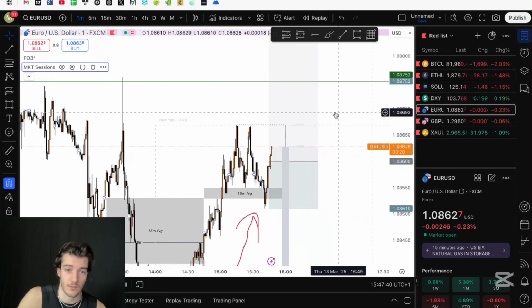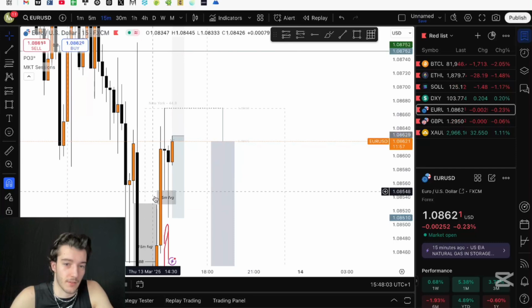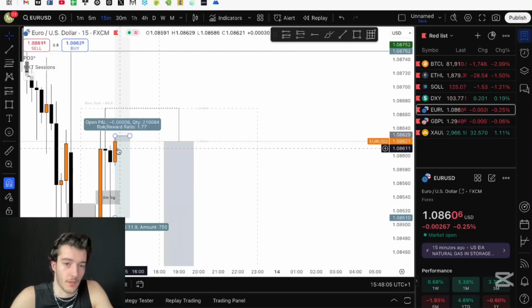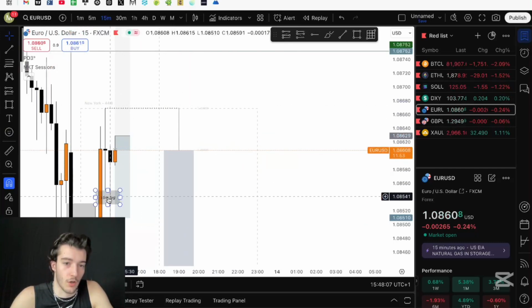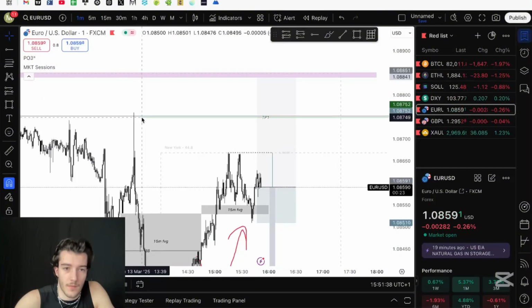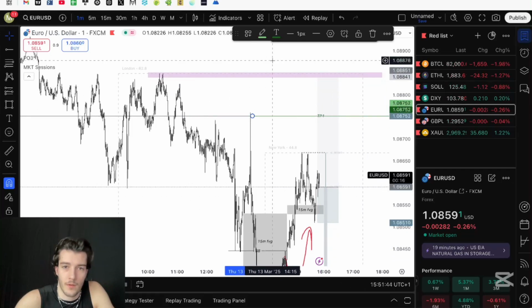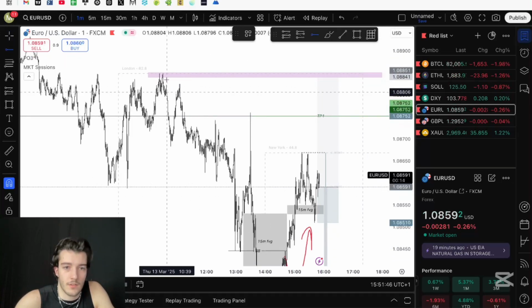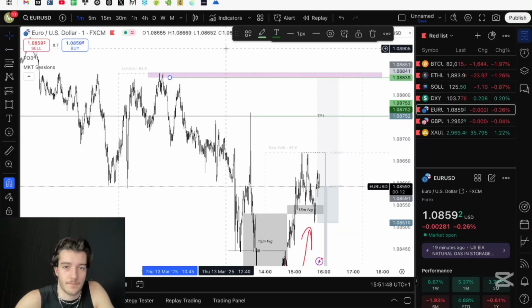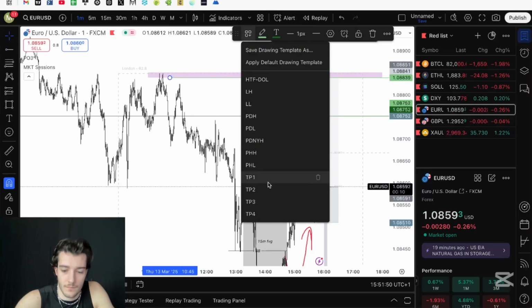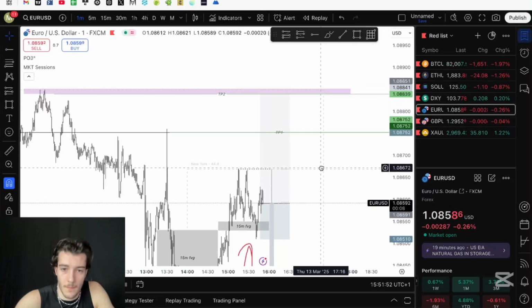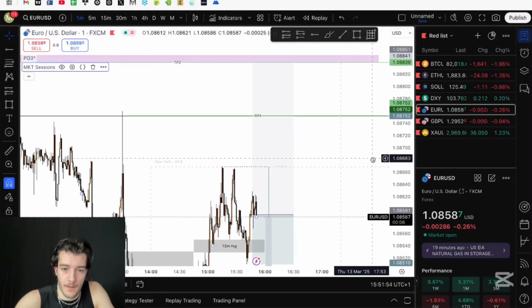Look at this respect to this 15-minute bullish. Look at this long wick, small body. Actually, previous day's low looks better. TP1 and TP2 are gonna be this London high area, if we're gonna hit it.